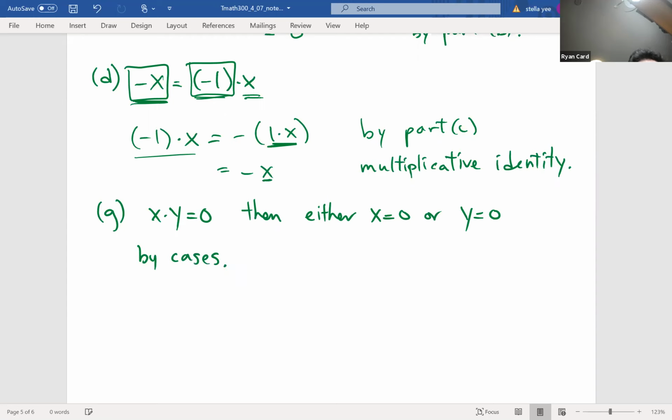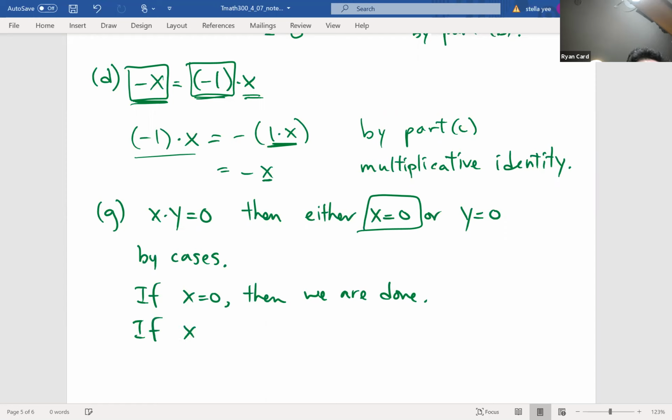If x is equal to 0, then we are done. If x is equal to 0, then that's the conclusion. So what we want to know is what happens if x is not equal to 0.